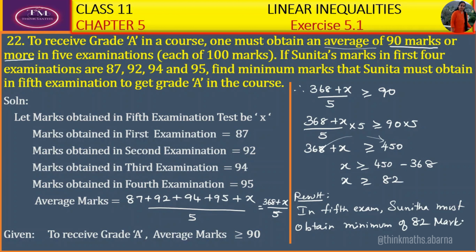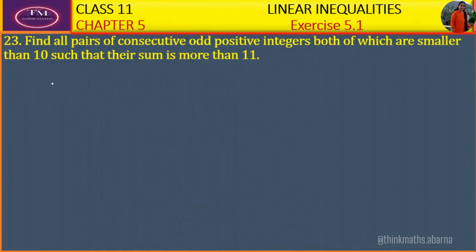This is the result. So she should obtain minimum, as we got greater than or equal to. So she should get at least 82, minimum 82, or she can score more than that also. So she should score a minimum of 82 marks. Clear? So next, 23rd problem.